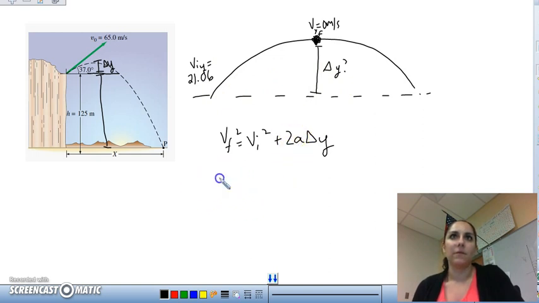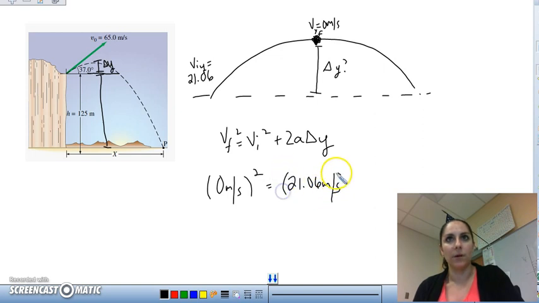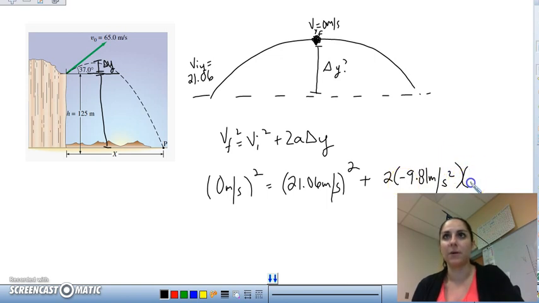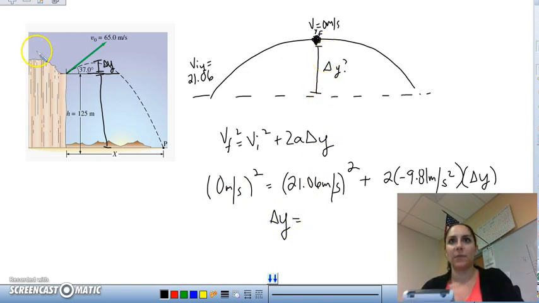Final 0, initial positive because it's going up, plus 2a. Now it's important that you make a down. You have to make a down, otherwise this will not work. Because this sign makes this part negative, it makes our delta y positive, which it should be because it's rising.